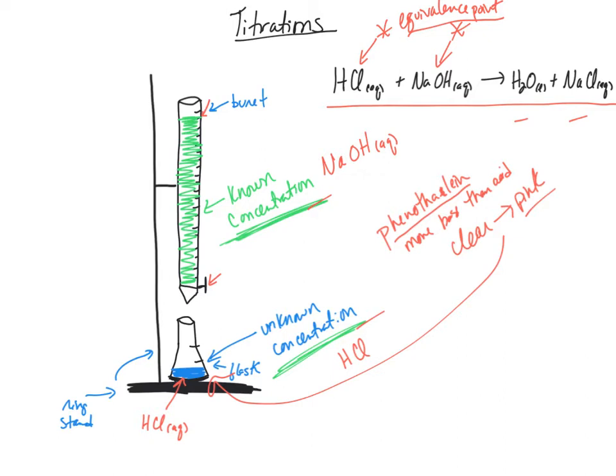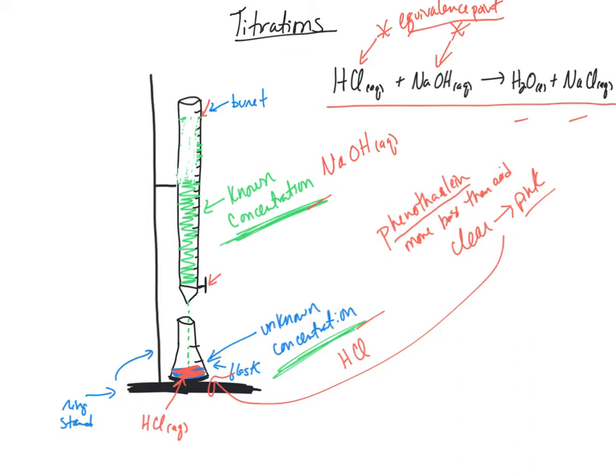And when you open that stopcock, your green stuff from above will start to drip down into where you have your solution. And that means that this stuff up above starts to drain, and you end up with less and less of the stuff that you have up here. So as this goes away, you'll eventually hit a point where, down below, this guy hits that equivalence point.